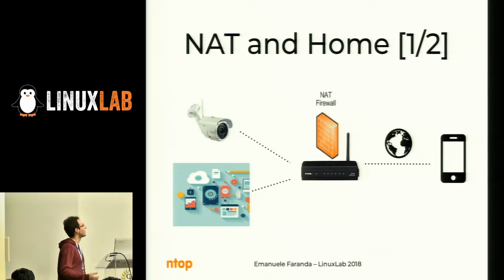So this is a typical solution. A simple IoT device is an IP cam which is located at our home, and we try to access the IP camera from anywhere in the world. The problem is that the IP camera is connected to our local network, and there is a NAT and a firewall which prevents our device from reaching the IP camera.